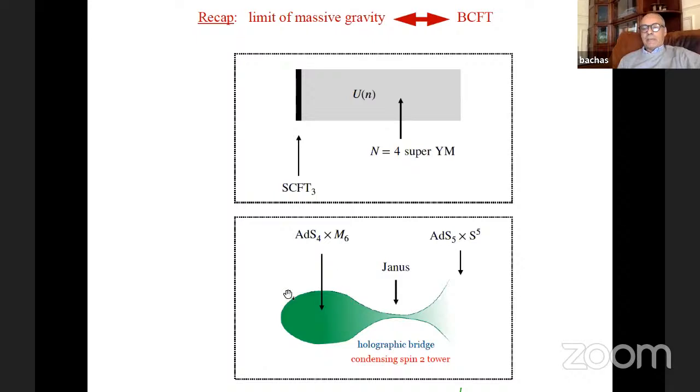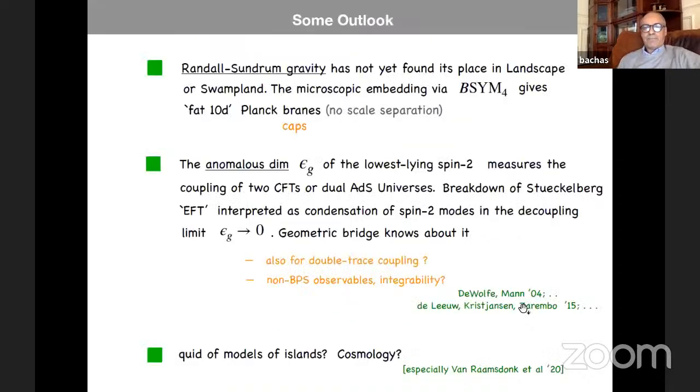The dual geometry is a big cap with a thin Janus throat that opens up on one side to AdS5 x S5. And this is the real holographic bridge between the 2. And what I tell you is that if you try to decouple the 2, there is a condensing tower of spin 2 modes. So the decoupling limit is a singular limit in geometry.